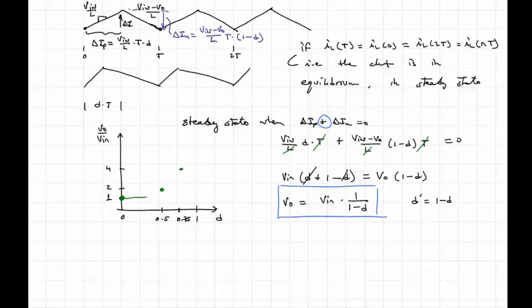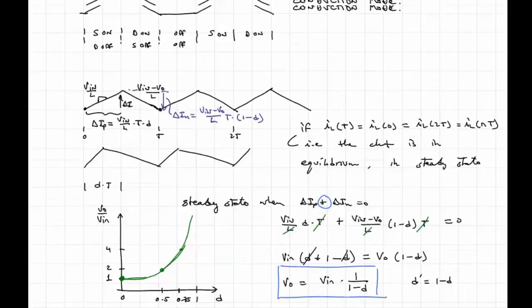And you can see this is going to take off and go very rapidly through the roof. In fact, this is so crazy that the limit as D goes to 1 is that VO would go to infinity, theoretically. Of course, that's not going to happen in real life.